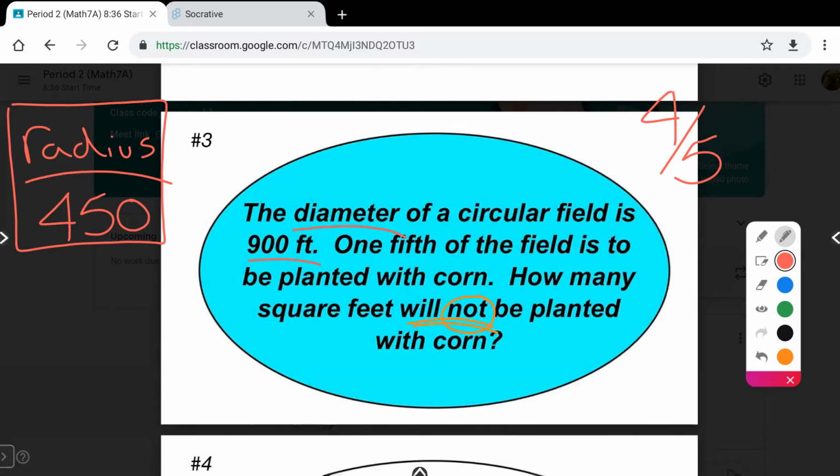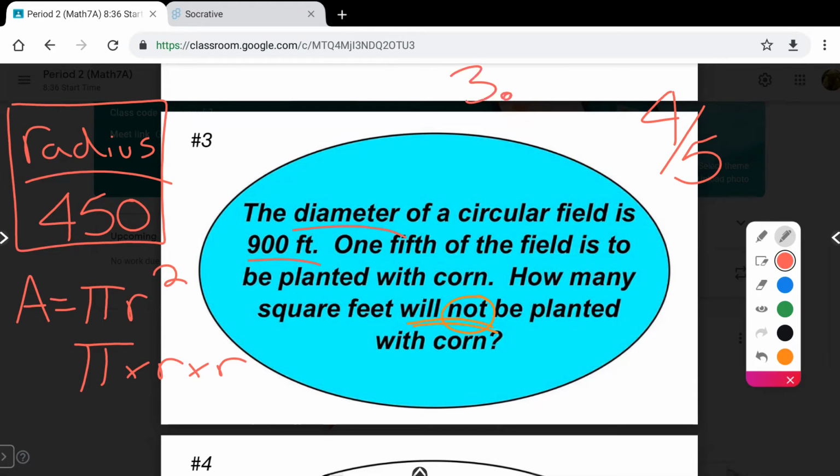All right. So the first thing I need to do is find the area of the entire farm field. So now to calculate the area of your circle, you do area equals pi r squared. And what that basically means is pi times the radius times the radius. So we know pi, 3.14.